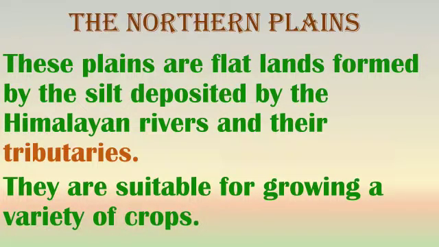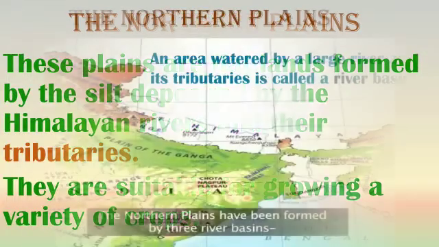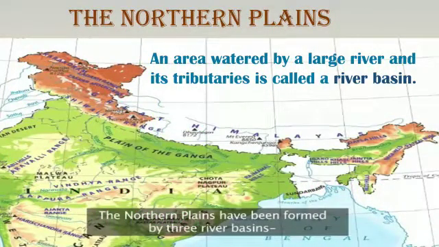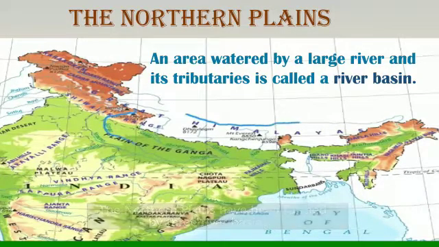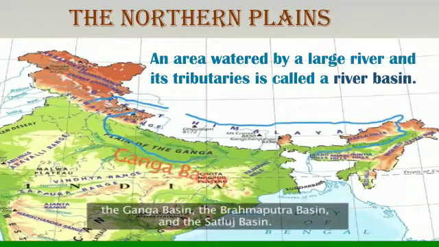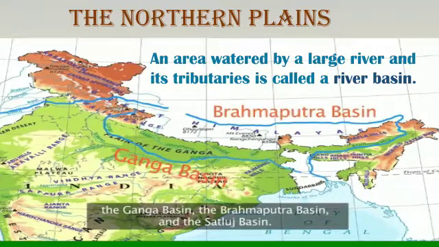They are suitable for growing a variety of crops. An area watered by a large river and its tributaries is called a river basin. The northern plains consist of three river basins: the Ganga basin, the Brahmaputra basin, and the Satluj basin.